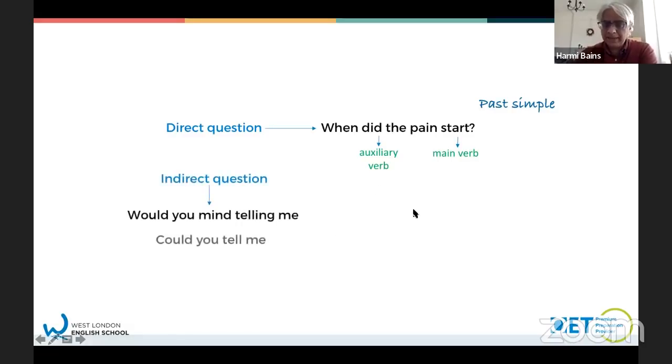We're going to make this indirect. "Would you mind telling me" or "could you tell me when the pain started?" And you can see what's happened. All that you have to do with the past simple is just remove the auxiliary verb and put the main verb into the past tense. So there's no real change in word order with the past simple.